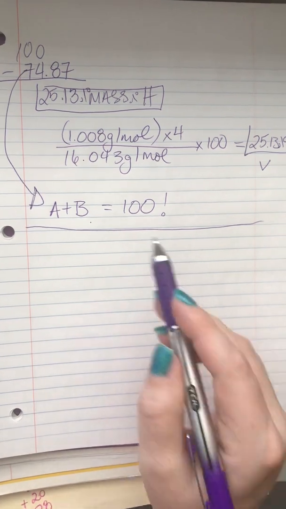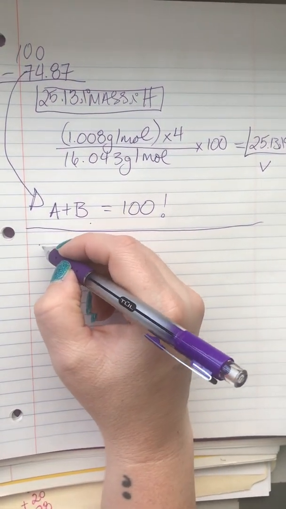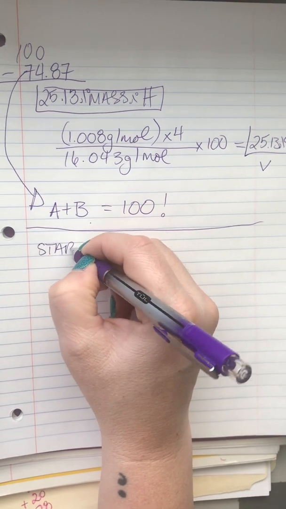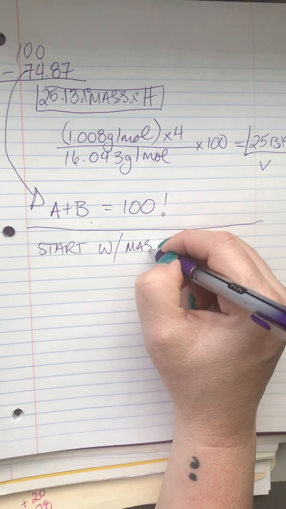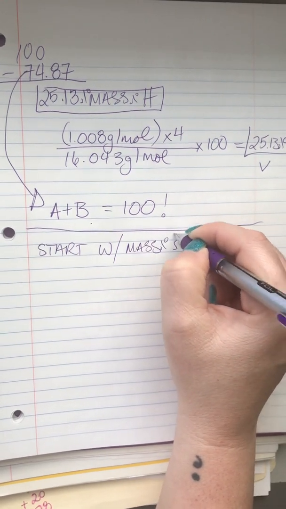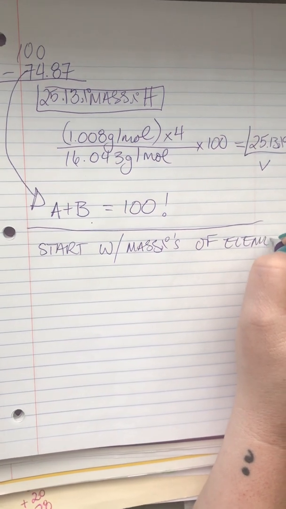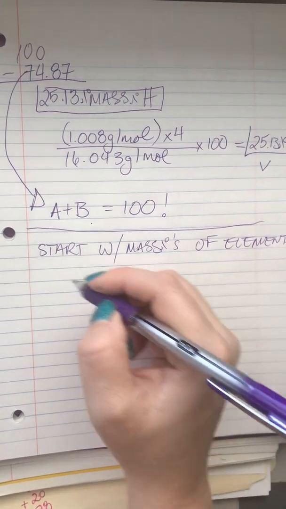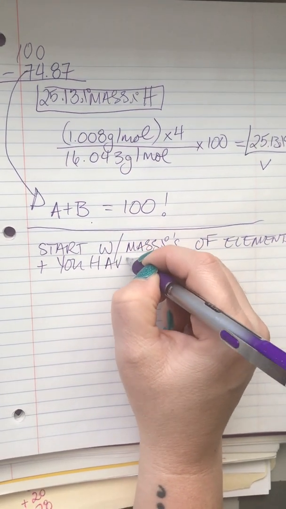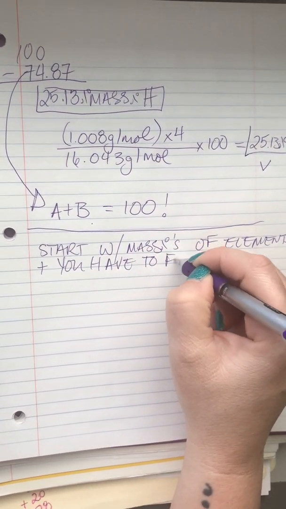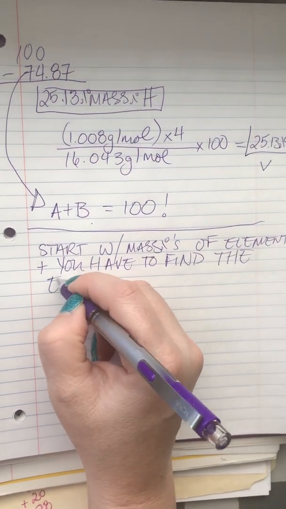Where things get a little trickier is when you start with the mass percents of elements and you have to find the empirical formula.